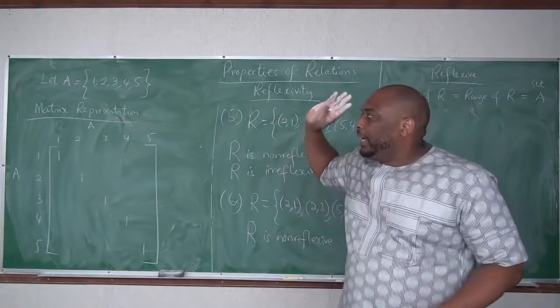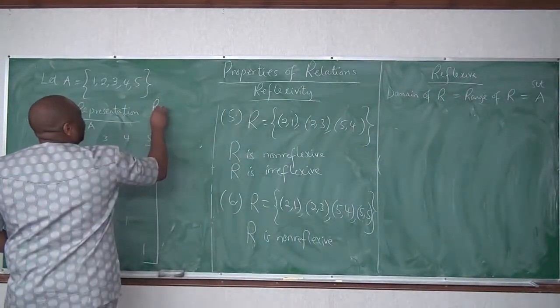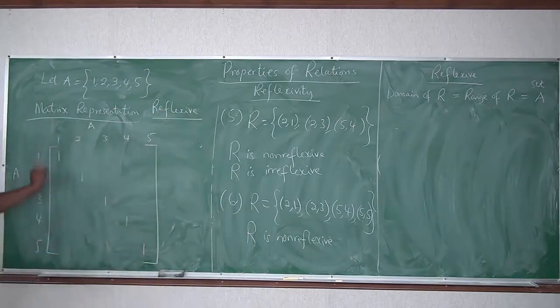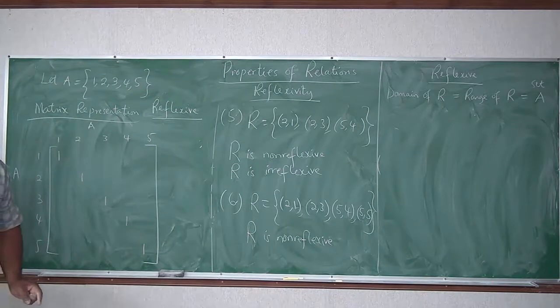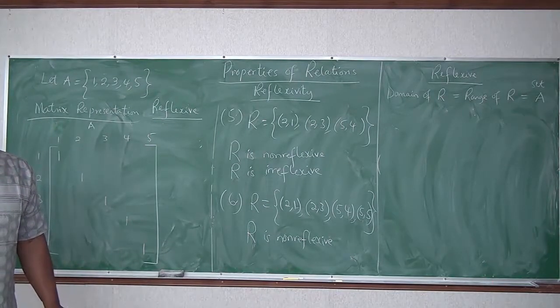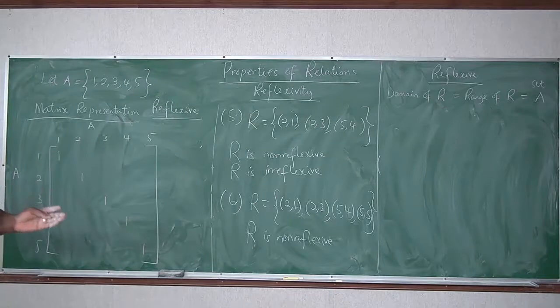So, with reflexivity, for the reflexive property, the elements along the principal diagonal must be 1. Other elements, we don't care what they are. Even if they are zeros, we don't care. But the main thing is that the elements along the principal diagonal must be 1.